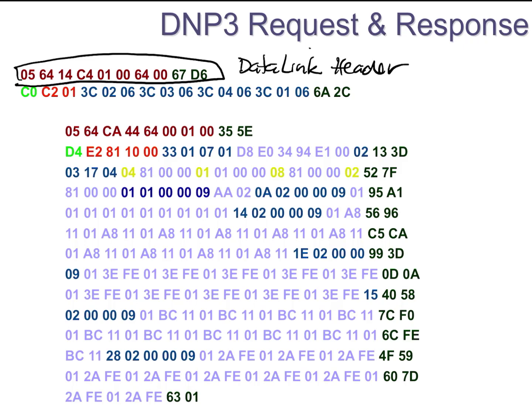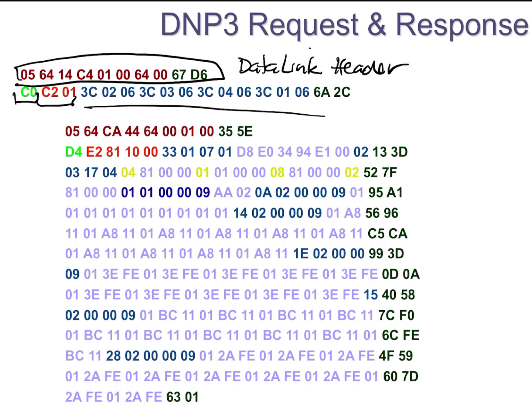The way the lines are shown is helpful because it doesn't just show a long string of hexadecimal values. You can clearly see that's 10 bytes, that's the data link header, and then you move on to another 2-byte value, which is the transport header, another 2-byte value, which is the application header. Then you move into your object headers and carry on with the message from here.